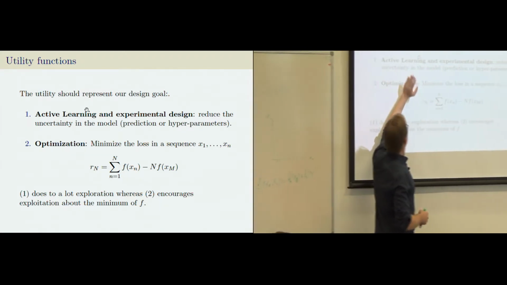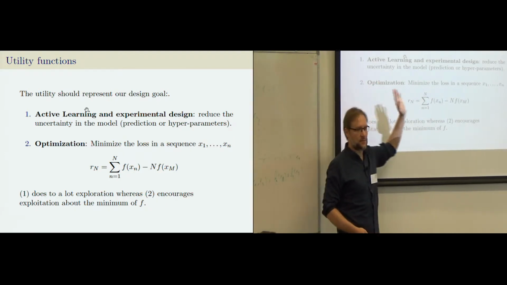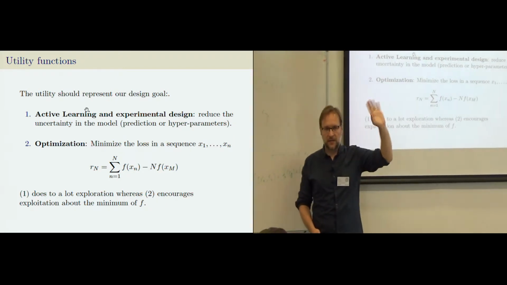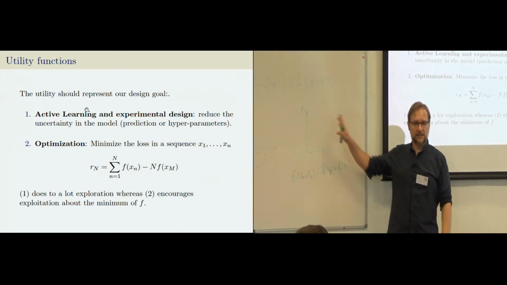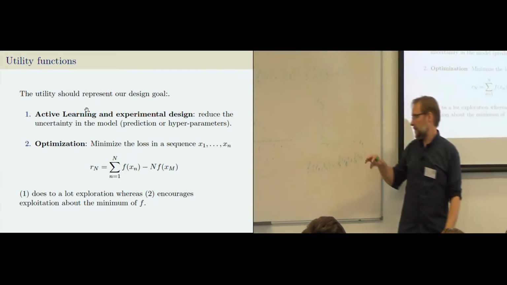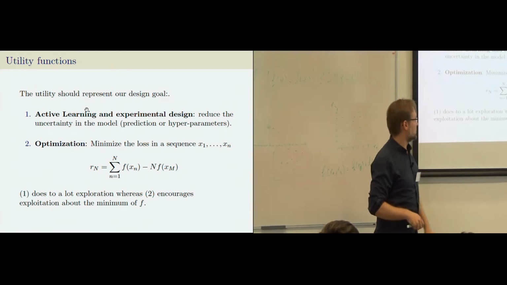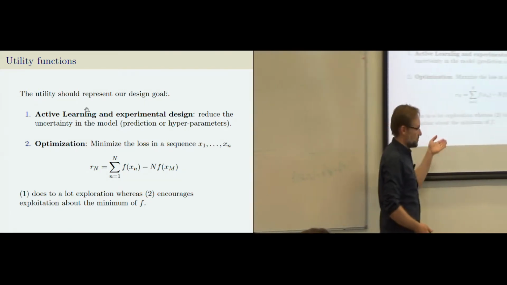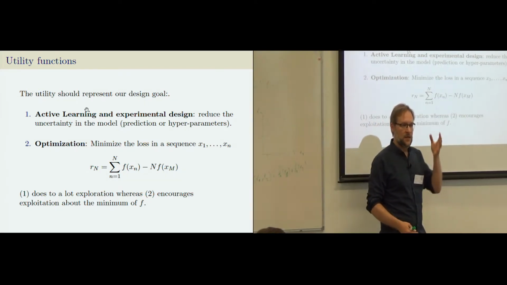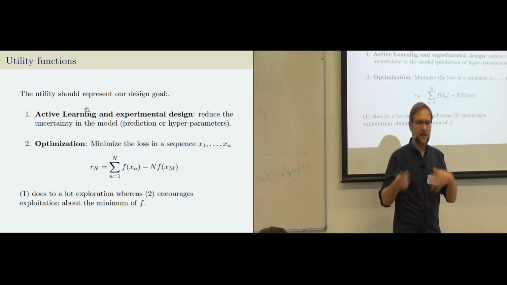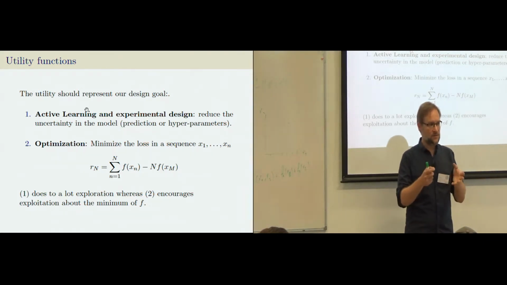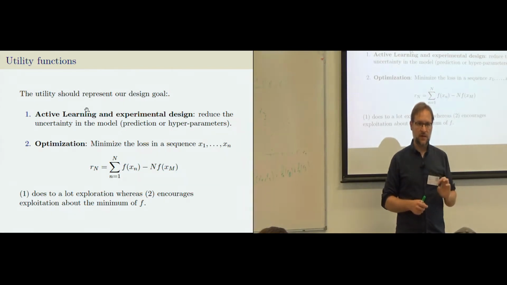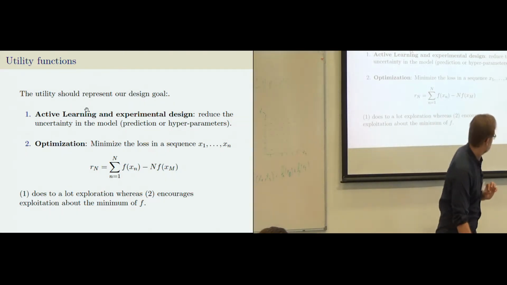So we'll see how active learning just does exploration, just explores the space, which is related to the experimental design and the strategies that we were talking about at the beginning. And we will see how, when you do Bayesian optimization, you combine exploration and exploitation. You explore to learn more about the function itself, and you exploit once you know about that particular property that you are trying to learn.